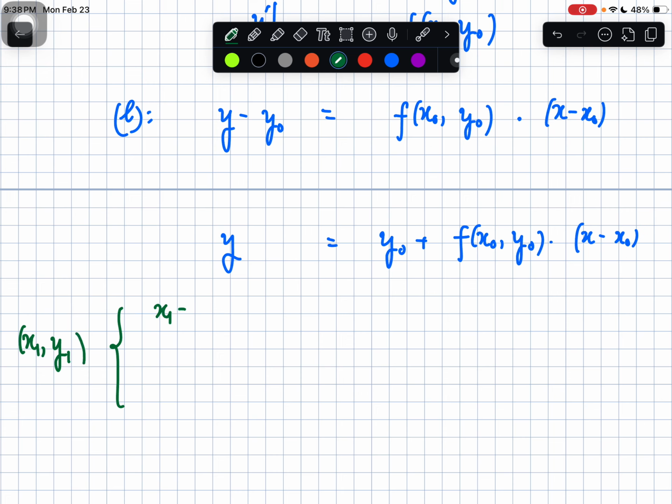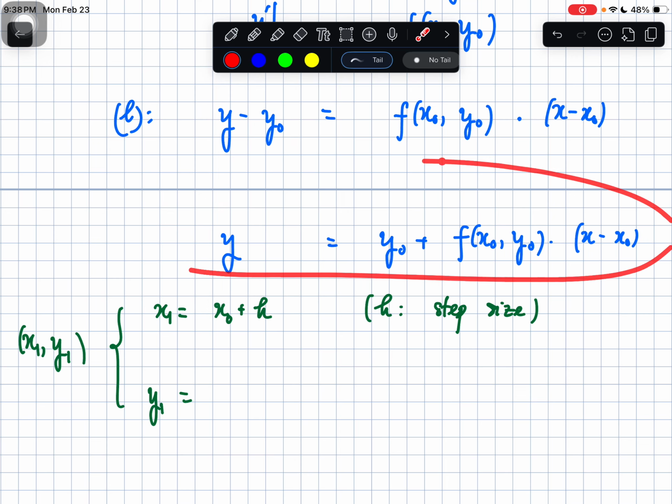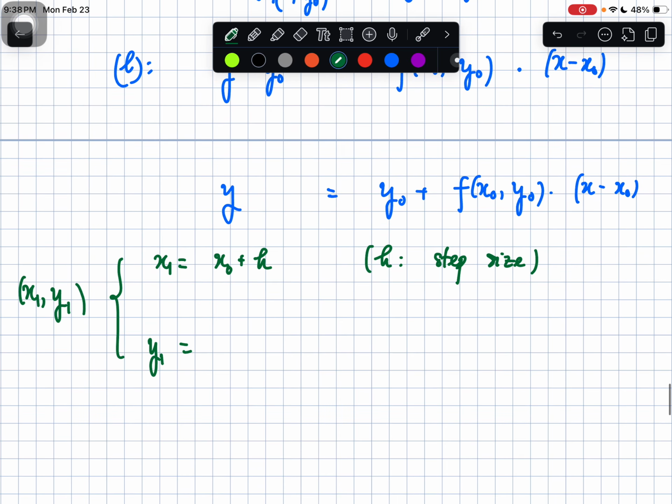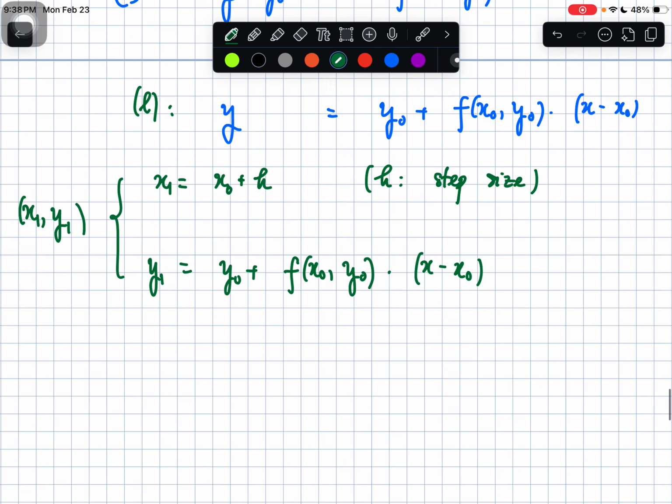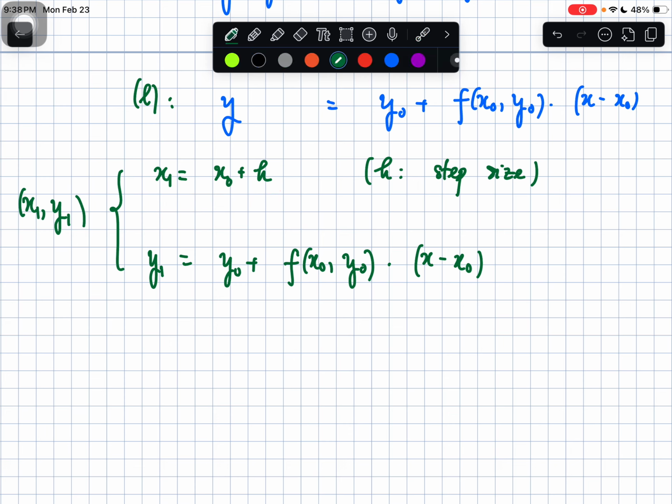So x1 will be x0 plus h. h is a step size. (x1, y1) belongs to this tangent line, so the coordinates satisfy the equation of the tangent line. So y1 is y0 plus f(x0, y0) times x minus x0, and x minus x0 equal to h. So y1 is y0 plus f(x0, y0) times h.